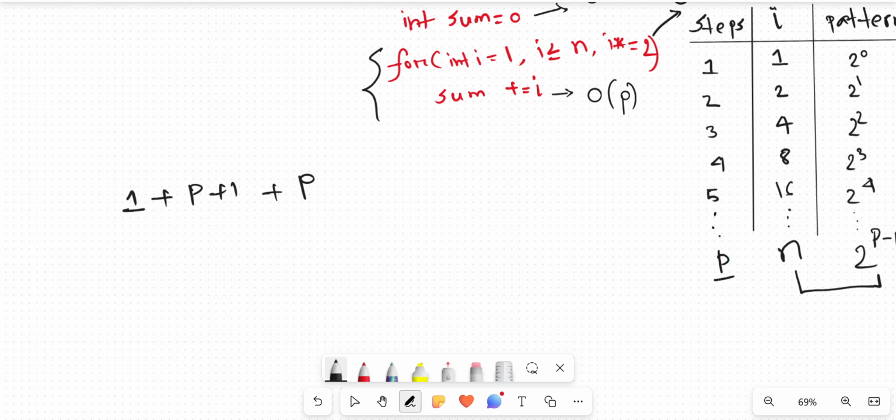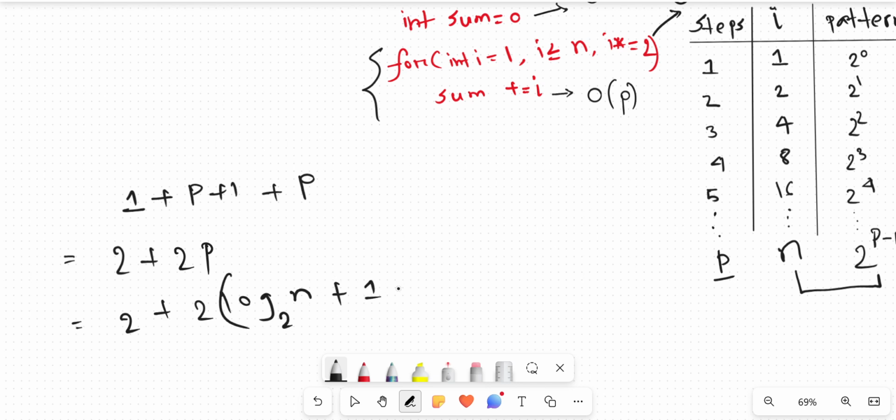So we could write it like 2 plus 2p, and it is 2 plus 2 times 2 base log n plus 1, right?